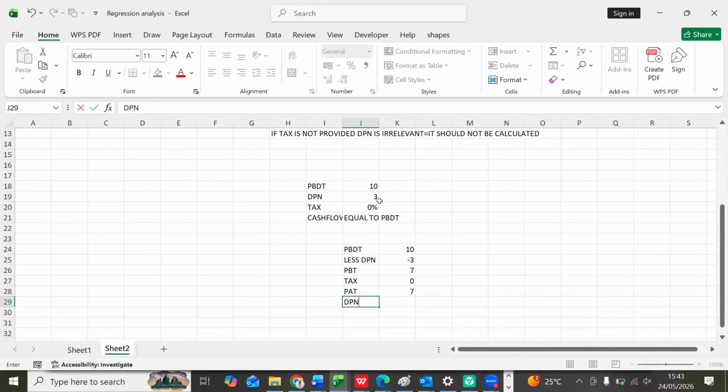What is the rate of depreciation here? It is 3. Now once I reach there, I will be able to get what we call cash flow. And our cash flow then, ladies and gentlemen, here will be 7 plus 3. You add back depreciation, 7 plus 3 will be 10. And this 10 is the same as PBDT.